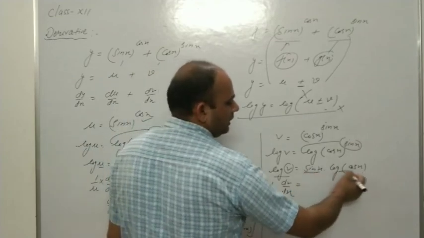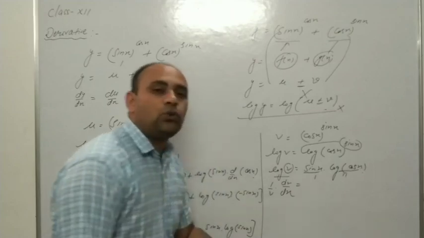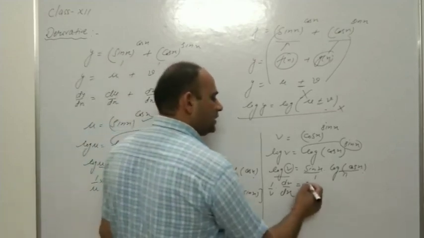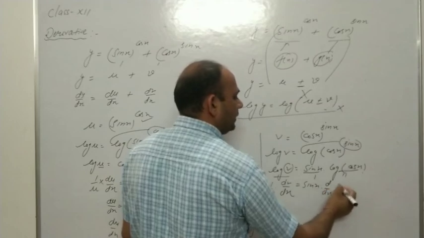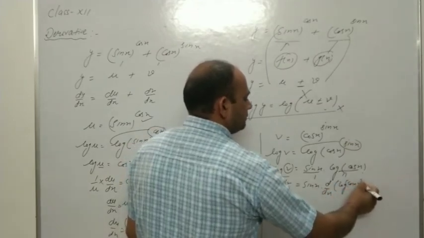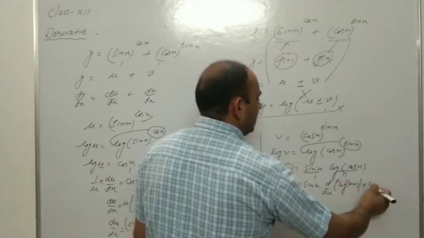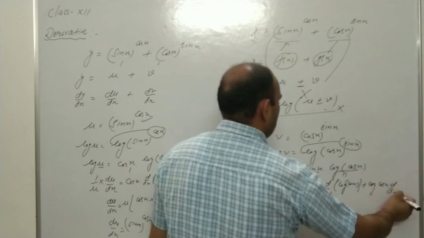Here two functions, so we will apply product rule. First as it is, derivative of second, plus second as it is, derivative of first.